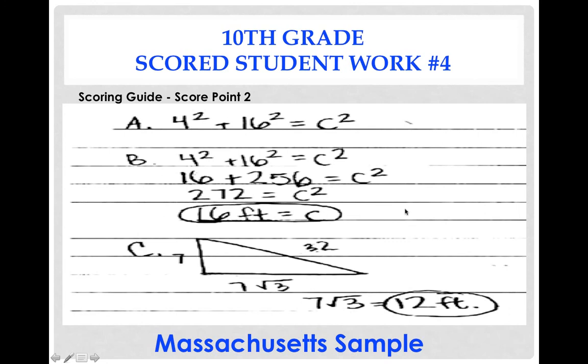But remember that if we attend to precision, the answer asks specifically for the nearest tenth of a foot. And that is where their points may have been deducted, because they only provided a whole number for the foot answers, as well as their answer in C.